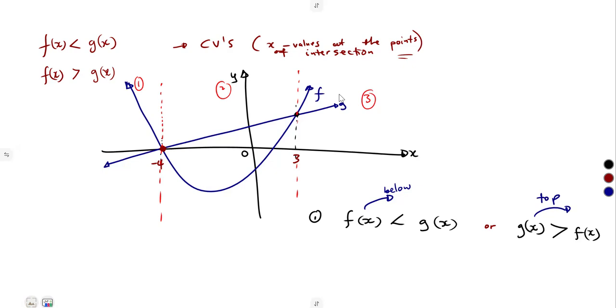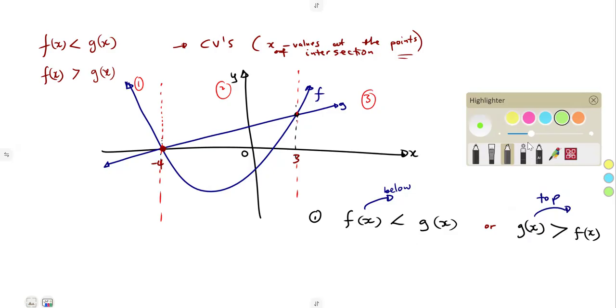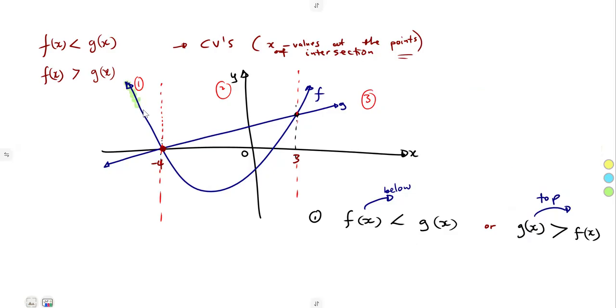So if we are to consider the case where f of x is below g of x, this is our f of x. We are comparing it to g of x.